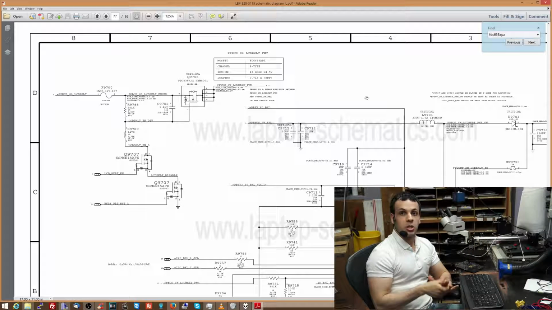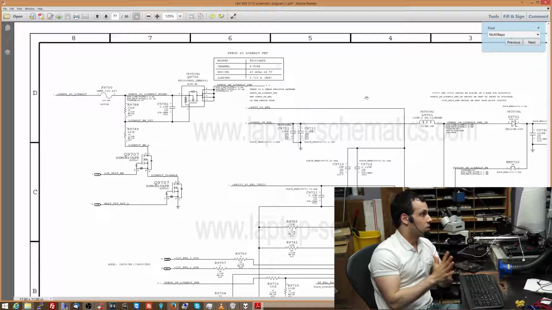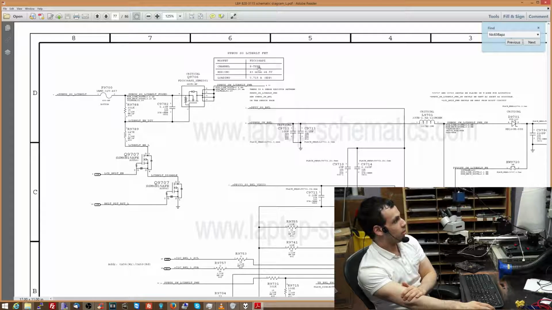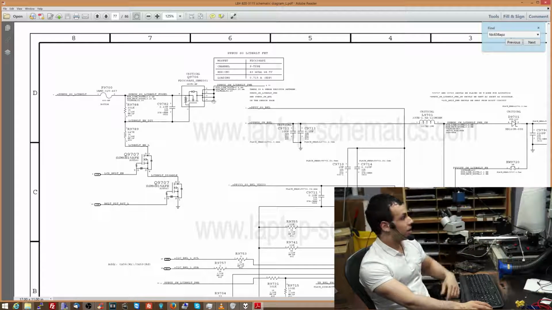Now, some of the things that I want you to think about here are being able to read the schematics and read the circuits to know what they're supposed to do. Over here, it says that this is a P-channel MOSFET, right? So if you see that there's 12 volts on the input of this transistor over here, and there's 0 volts on the output, and you want this thing to be opening, what you should be thinking to yourself is, this is a P-channel MOSFET.